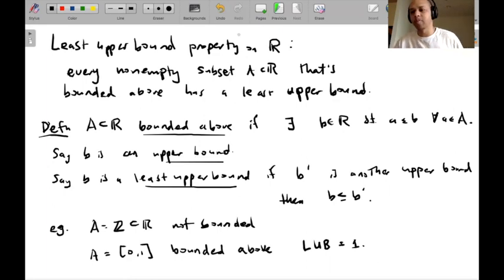This property of R is quite important and underlies a lot of the results that you know from calculus or analysis in one variable. But this is an analysis class, so I don't want to say too much about it.